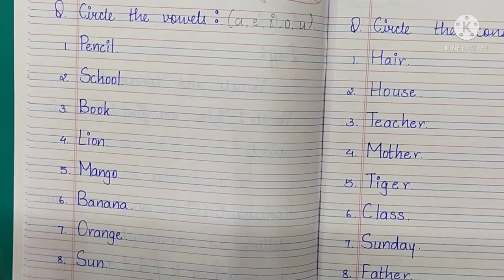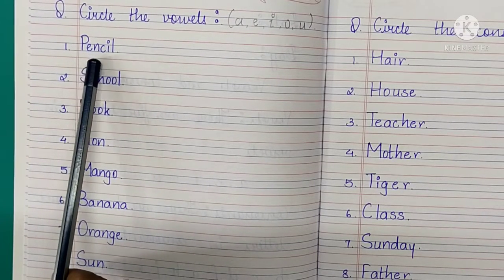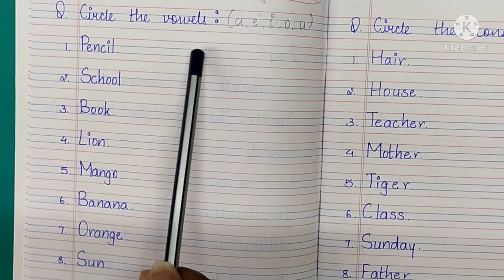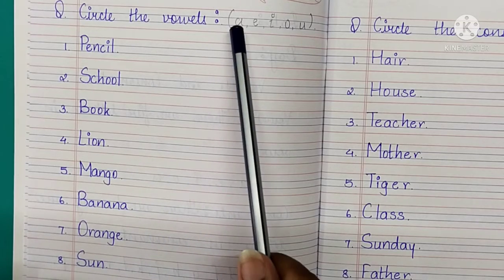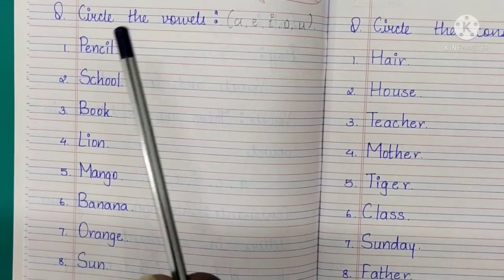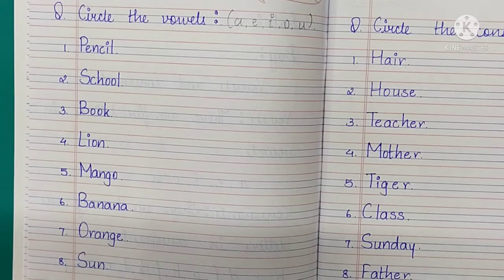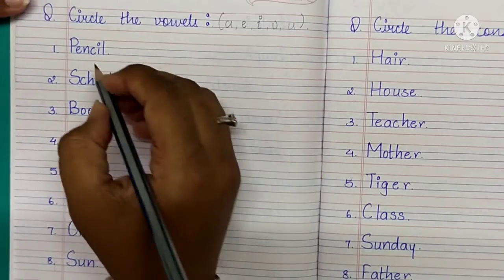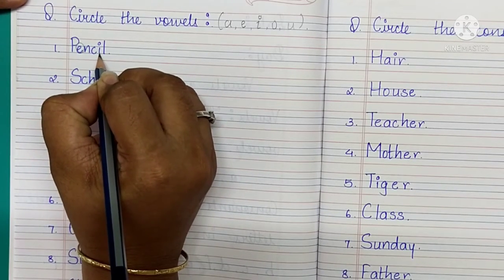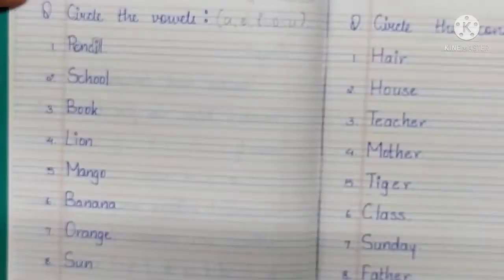So first one is pencil. Now what you have to do here, you have to circle the vowels. Which are the vowels? A, E, I, O and U. So from the first word you have to find out vowels. First one is E, then is I.